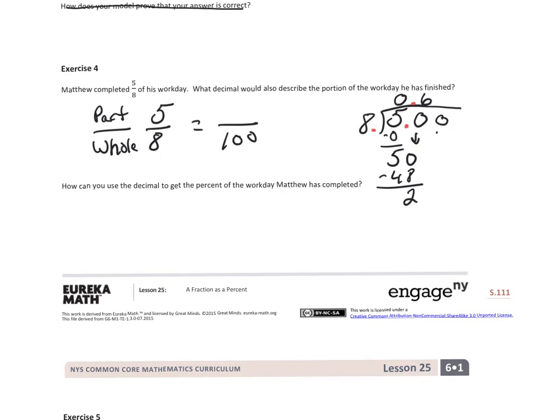And then I'm going to bring down my other 0. And then say what times 8 will give me 20. Oh, I know that 3 times 8 is 24. So that's too much. 2 times 8 is 16. And 20 take away 16 without even having to borrow anything, I know is 4. I'm going to make one more 0 appear.